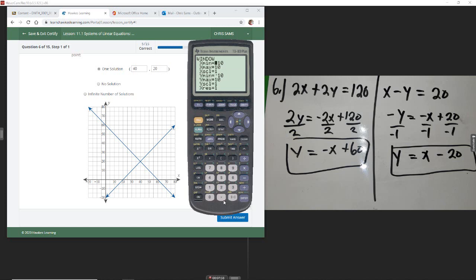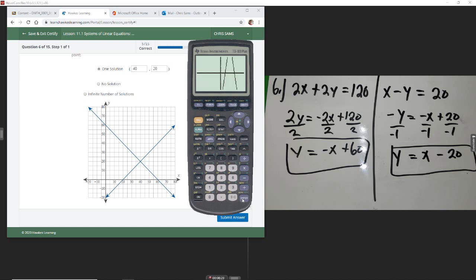So if I make x, let's just say negative 100, and I make positive x, positive 100, I still may not be able to see where these lines cross. I don't see where they cross, but as long as the answer is on this axis, we will get the answer. So from here, I can still do the same thing, do second, trace, 5, and then enter 3 times.